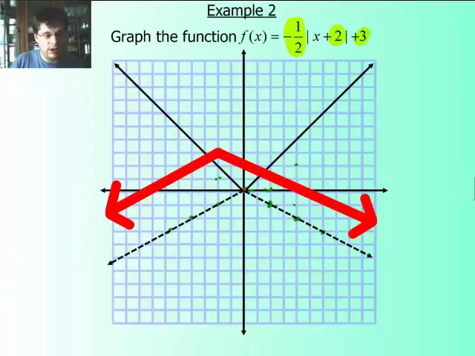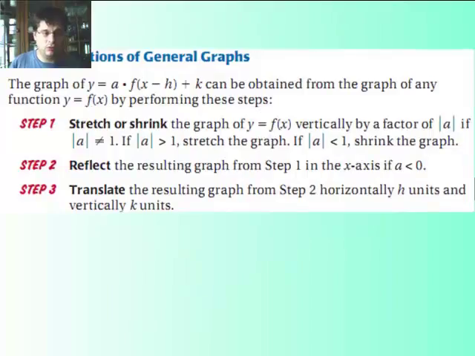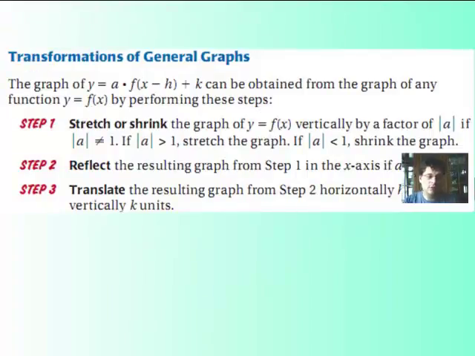So let's run down what we did there. What we did with that transformation, as far as the absolute value function, works with any transformations with any function. So we can put this in a general form. It could be, let's say, a square root function, or a quadratic, or a cubic.